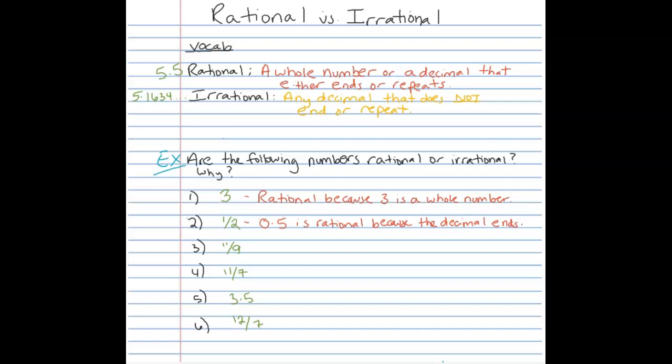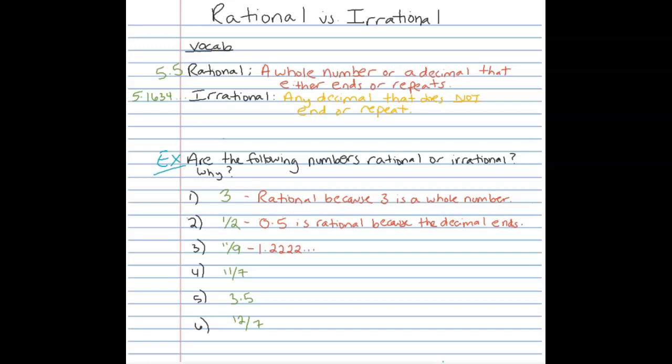11 over 9. Now we're going to make it a little bit tricky. In my calculator, I'm going to do 11 divided by 9. And this is the answer that I should get. If I had more space, I would write more 2's.